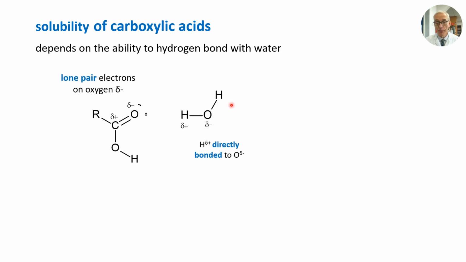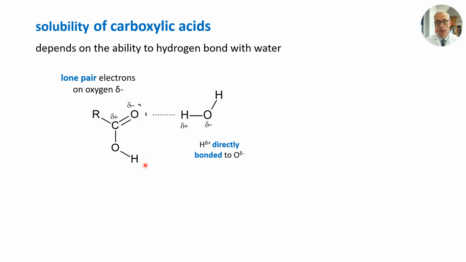But I also now bring in a water molecule. You'll see that because there's a very large electronegativity difference between oxygen and hydrogen, hydrogen is strongly delta plus. It's directly bonded to oxygen, which is a requirement for hydrogen bonding. I may remind you, and an electrostatic attraction will form between the highly polarized hydrogen atom and the lone pair of electrons on the oxygen delta minus of the carbonyl.